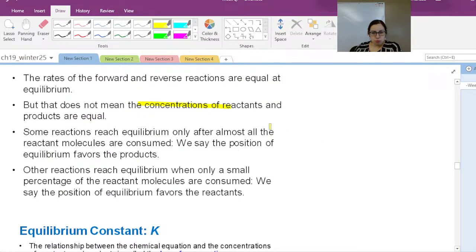So we'll dive into these general statements. It says some reactions reach equilibrium after almost all of the reactant molecules are consumed, but we want to put a number to that. Then we'll see how that compares when only a small portion of our reactants are consumed.